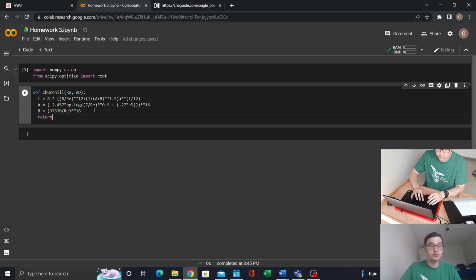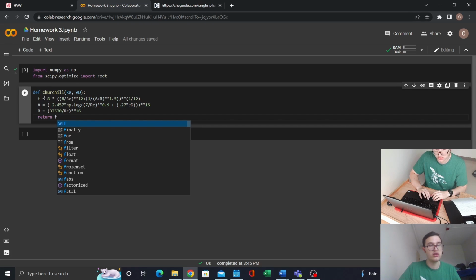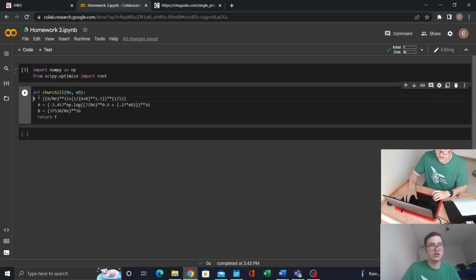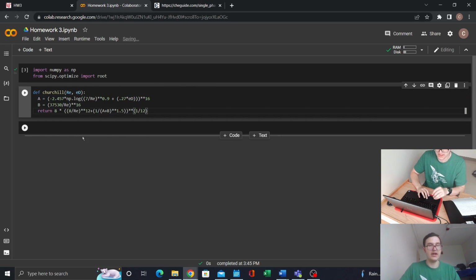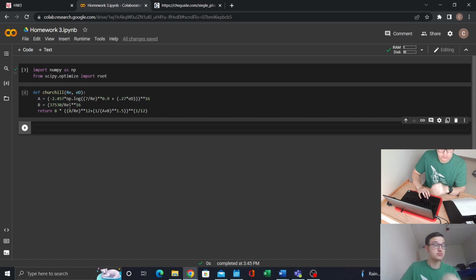Then we can return F. Actually, we don't need to define F there. We can just return this value instead. And good. So now we have an equation, our Churchill equation, to find the friction factor.